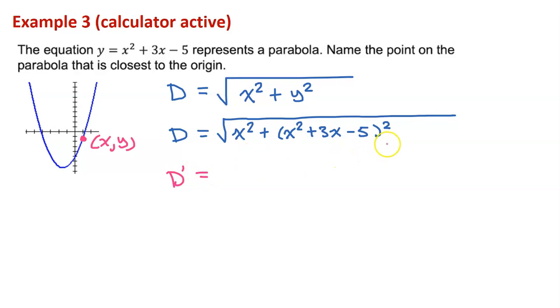This is going to turn out to be the long way, but we could do it. We have this expression all raised to the 1/2 power. So d prime would be 1/2 times x squared plus 3x minus 5 squared to the negative 1/2 power.